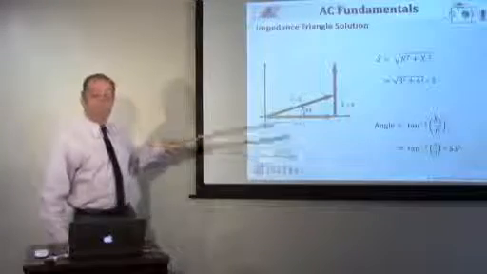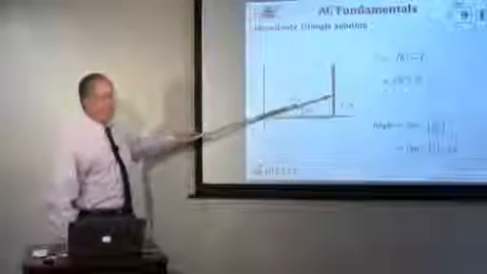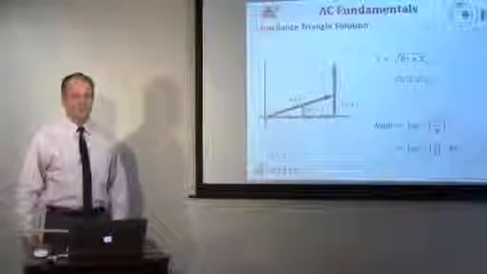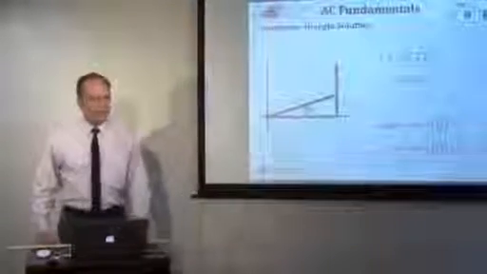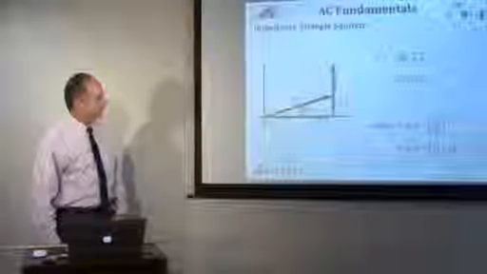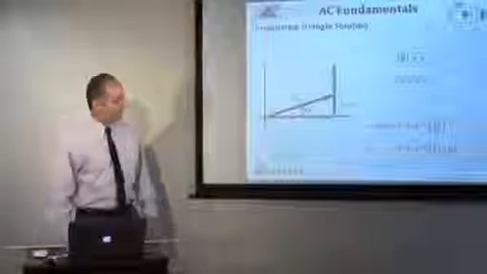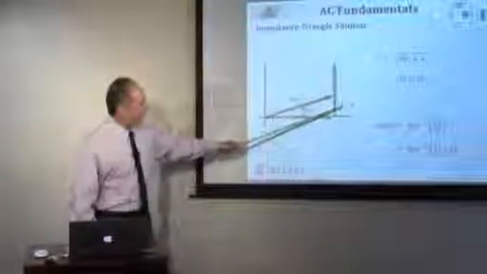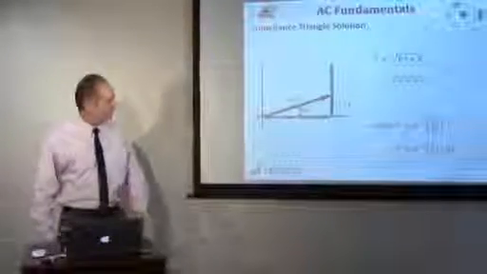Or you can call it in polar coordinates, magnitude of 5 and a 53-degree angle. So that's kind of what we're talking about here when it comes to impedance. It's the combination thereof. And when we talk about it in terms of power, this is watts, this is VARs, this is VA.